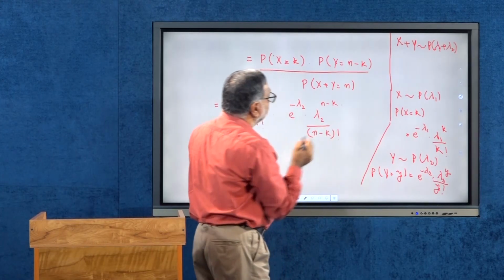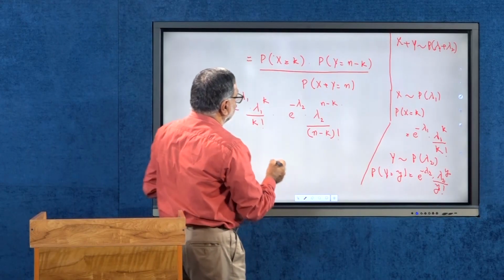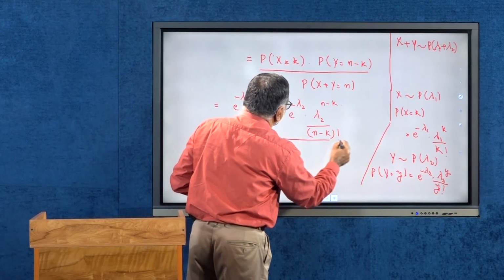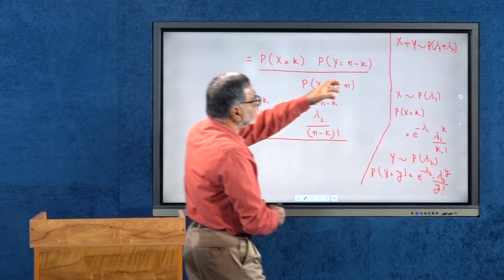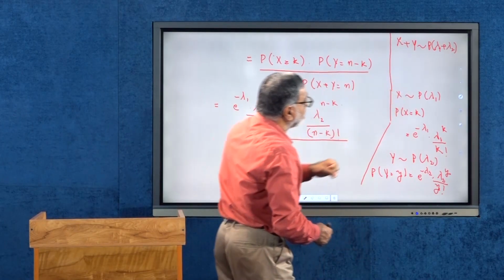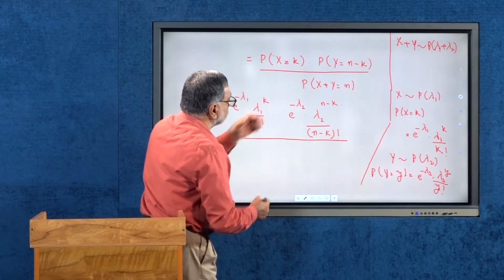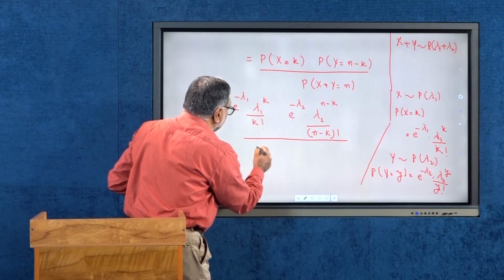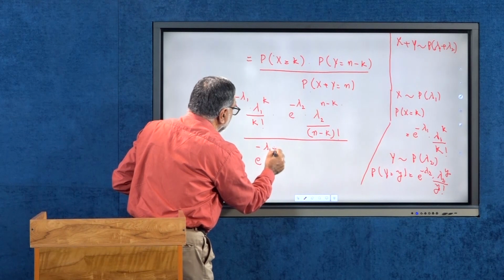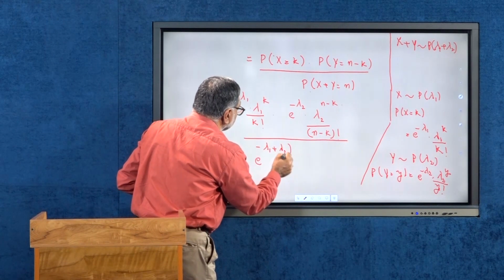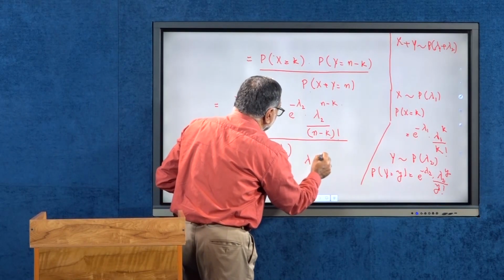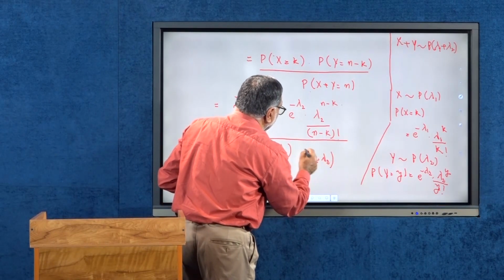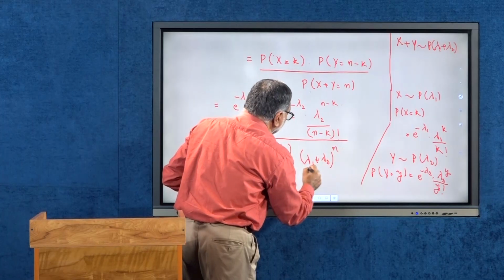That is the numerator quantity, divided by the probability of X plus Y equal to n. Since X plus Y is a Poisson with lambda 1 plus lambda 2, you can write this value as e power minus lambda 1 plus lambda 2 into lambda 1 plus lambda 2 power n divided by n factorial.